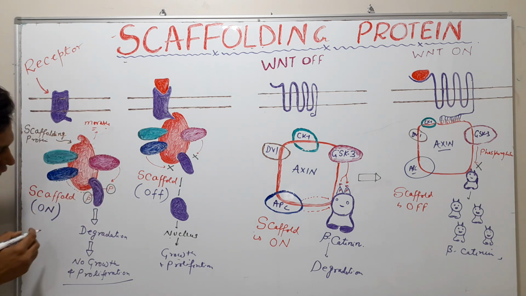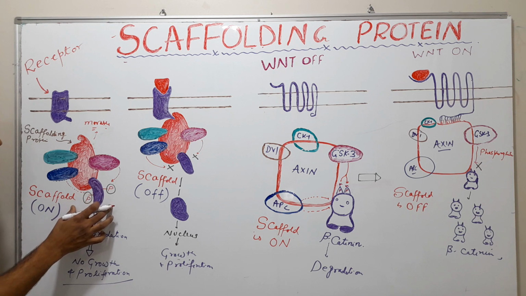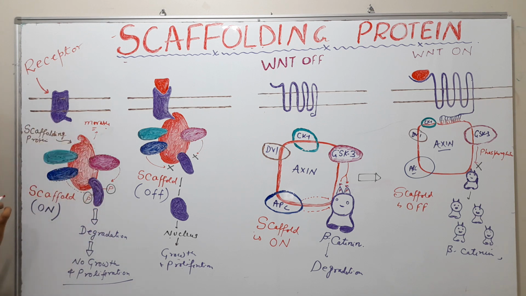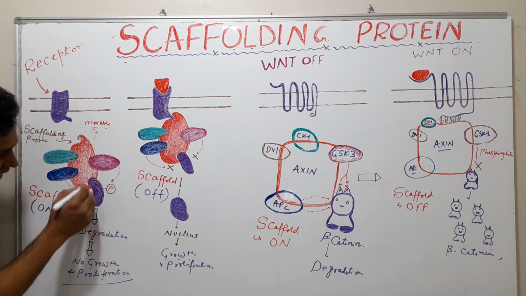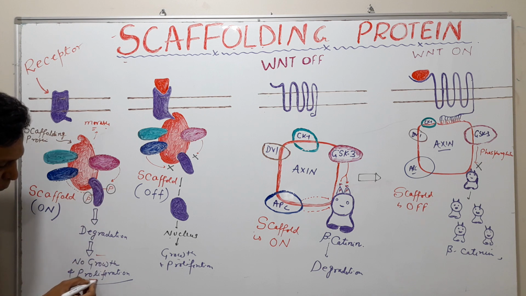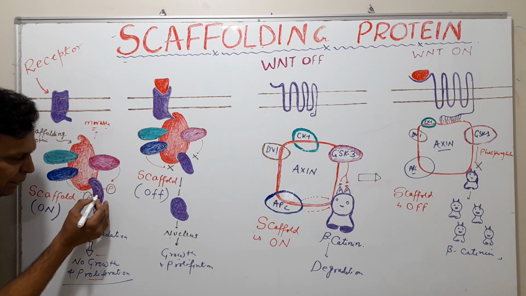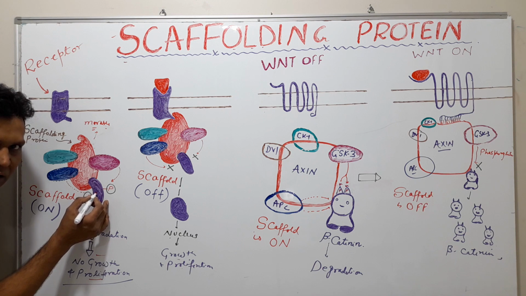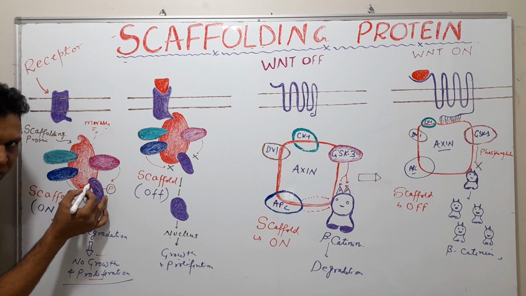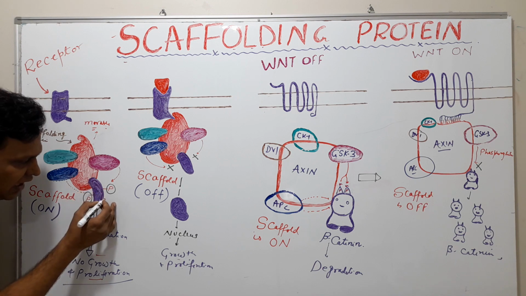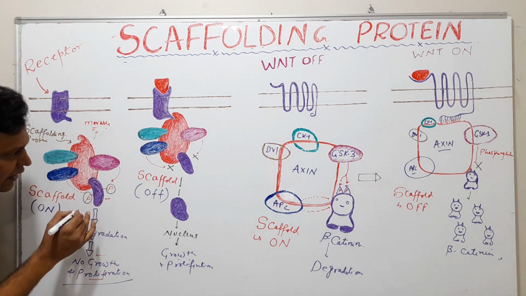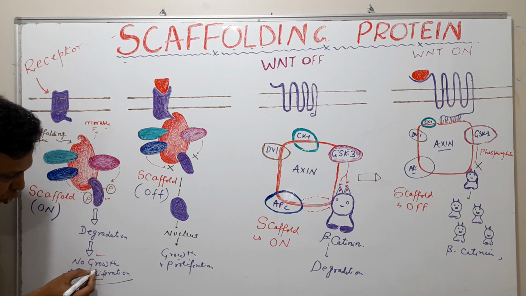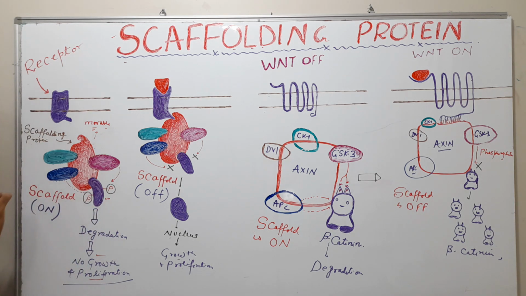Actually, what happens is that the cell needs growth and proliferation. This particular kind of protein, which is attached to this scaffolding protein platform, when activated, makes the cell undergo growth and proliferation.